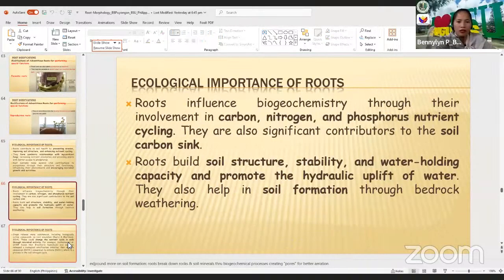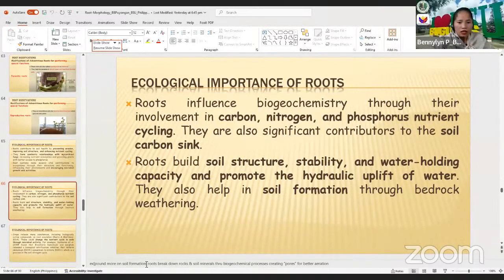Okay, so moving on, still under the ecological importance of roots. Roots influence biogeochemistry through their involvement in carbon, nitrogen, and phosphorus nutrient cycling. They are also significant contributors to the soil carbon sink.